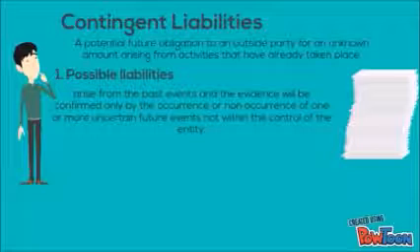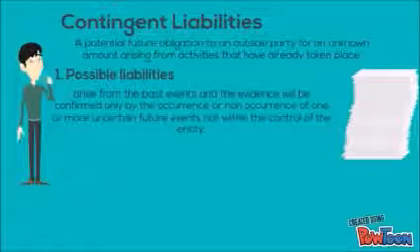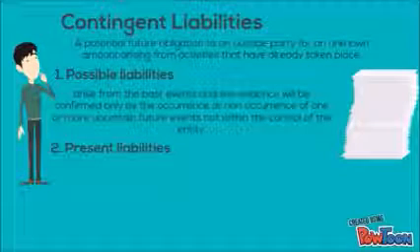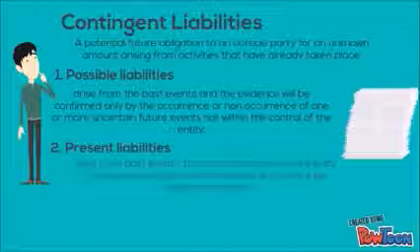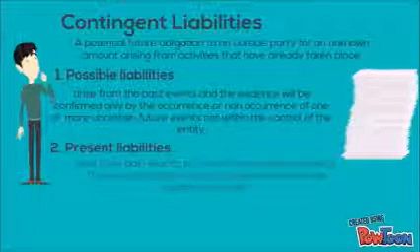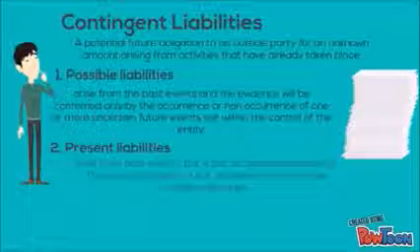There might be a risk that they will not be completely and properly disclosed. Second, a present liability that arises from past events but is not recognized as a liability, because the present obligation is not probable and cannot be reliably measured.